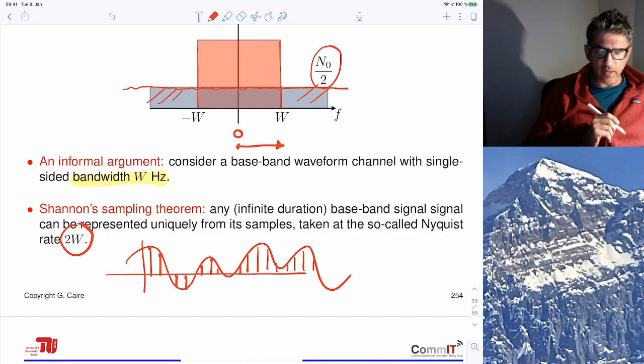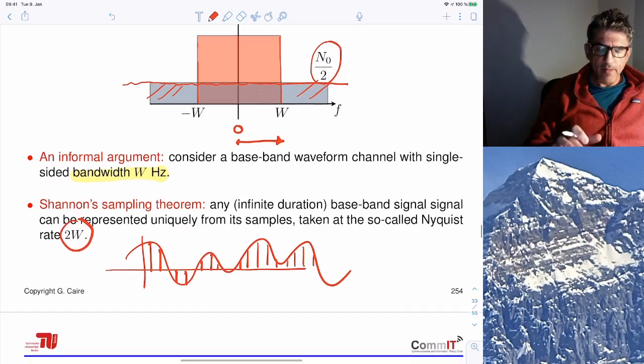So we have to take samples at frequency 2W, okay?